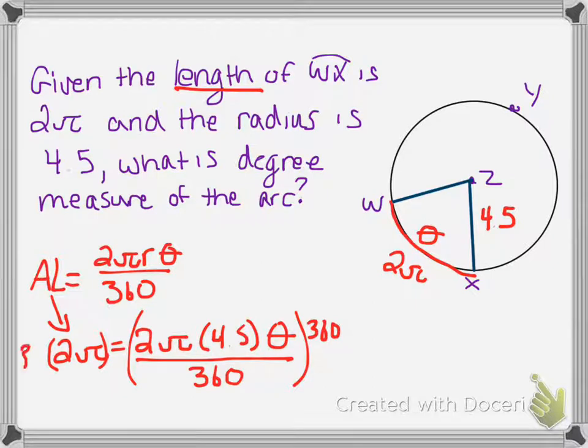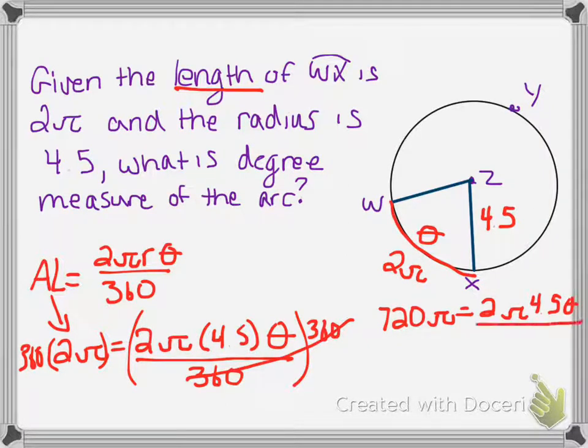Multiply both sides times 360, so those cancel out. 360 times 2, I'm going to move that over here, so 720 pi equals 2 pi 4.5 theta. I'm just going to divide by everything that is not theta, so I'm going to divide by 2 pi 4.5. My pi's are going to cancel out.